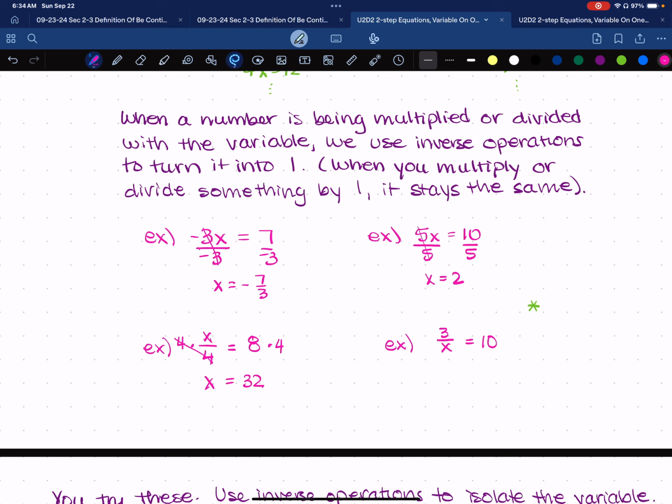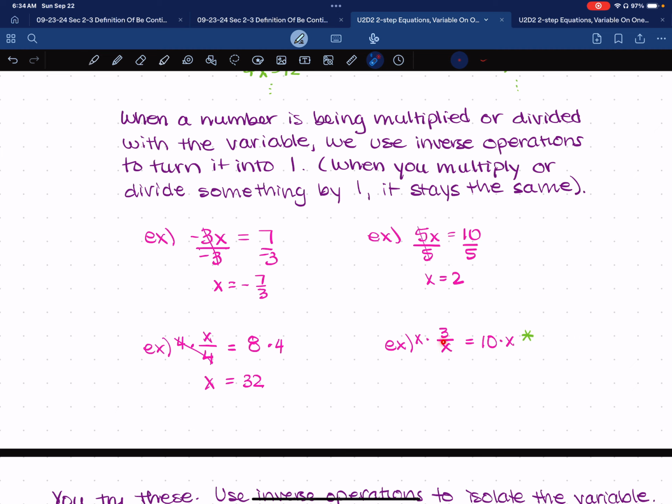Now I have a little star by this one for a reason, and that's because the x is in the denominator. We're not really going to focus on these right now, but I did want to show this to you. It's division, and we want to get rid of the 3. However, whenever you've got division, you always have to multiply both sides by the denominator. So we're going to have to multiply both sides by x. And that's because this is 3 divided by x.